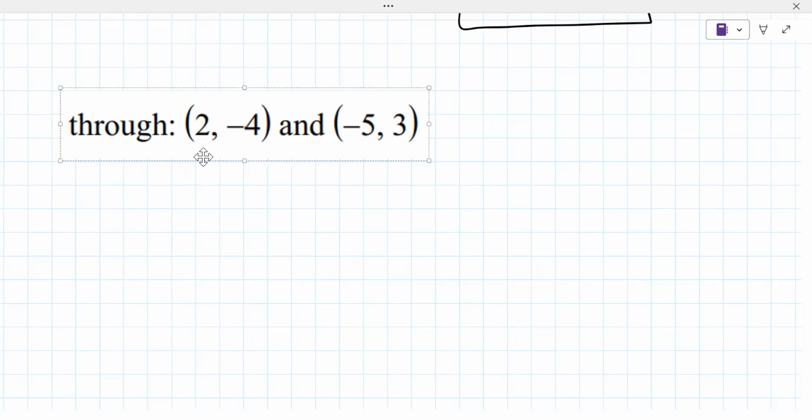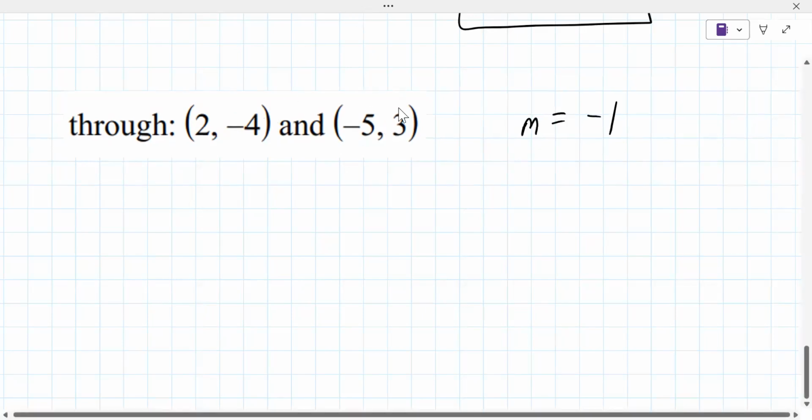Negative 1. You are correct. Good. The slope is negative 1. So now what I want you to do is pick either point, doesn't matter which one you pick, and write it in that point slope form.